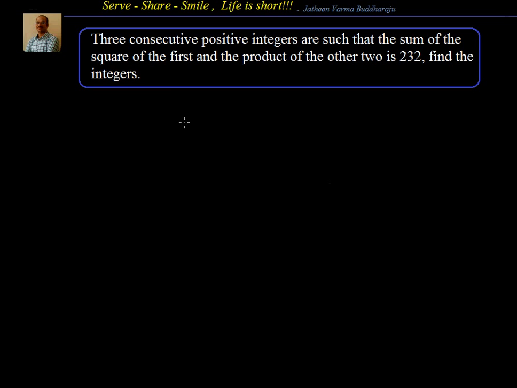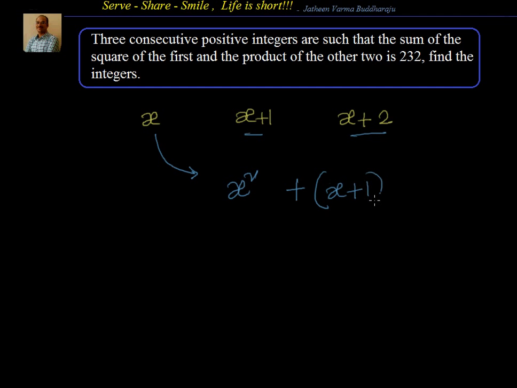Three consecutive positive integers, that tells me I'll just go for x, x plus 1 and x plus 2. These are three consecutive positive integers such that the sum of the square of the first, that means I have to square the first one, x square, and I have to add to it the product of the other two, that means x plus 1 into x plus 2, and this is given as equal to 232.